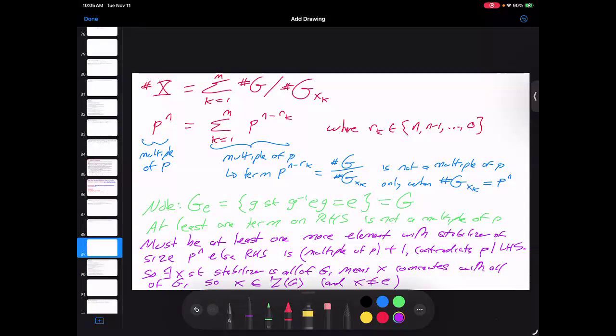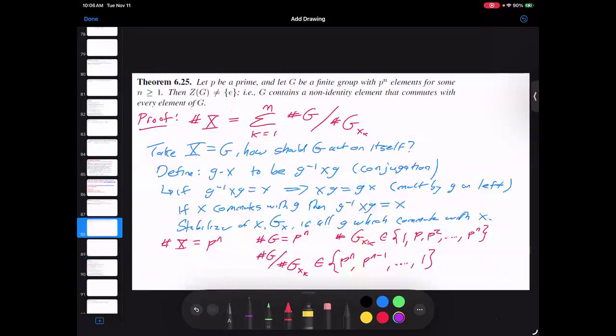If the group was more than just a power of p, then I start to have more things that can come into play. Maybe certain linear combinations could then give me pushes into everything working out. And so it's not clear that this proof would generalize if your group was not just a prime power in terms of size. So this, I hope, gives you a sense of how you do problems like this.